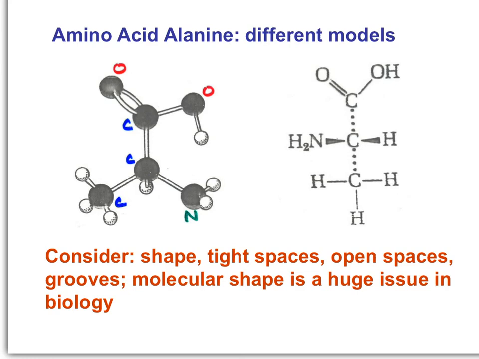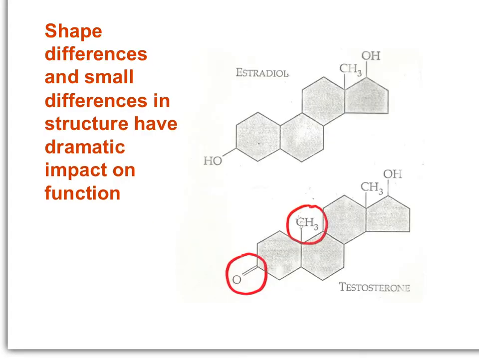In this diagram, we see the amino acid alanine, and it's easy to forget the complex shape of a molecule as seen here on the left when looking at two-dimensional representations as seen on the right. Keep in mind the three-dimensional quality of all molecules, and that shape and nooks and crannies are very important for molecular interaction.